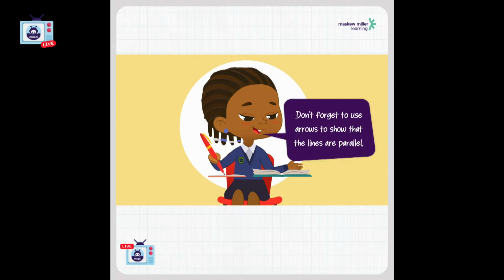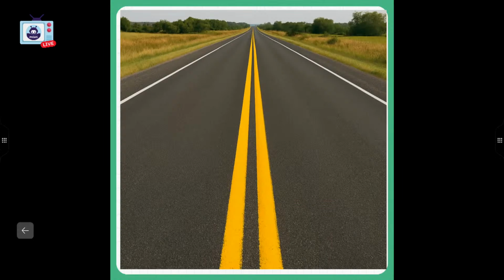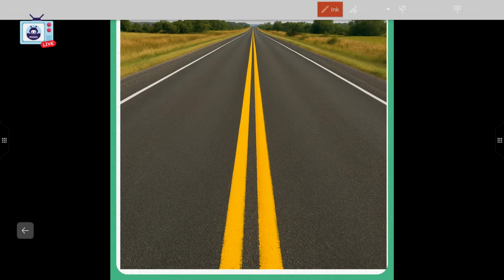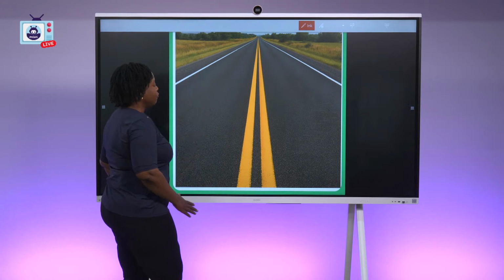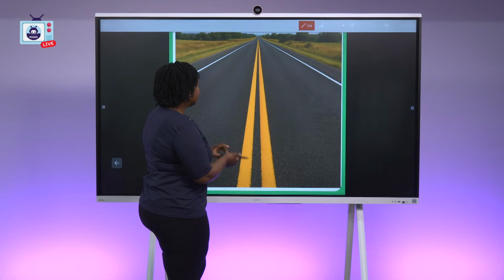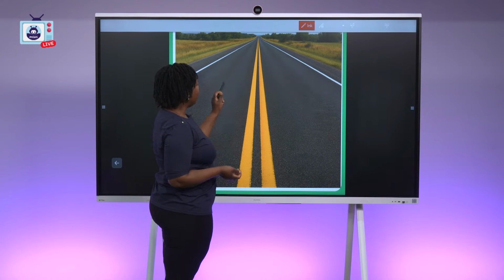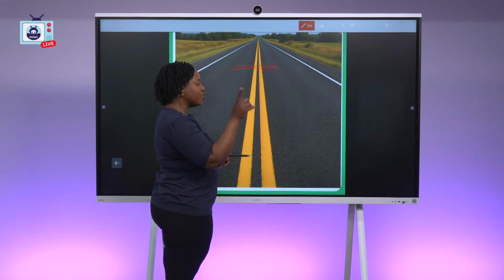So sit back and let's see. Imagine a road going from one point to another. If these lines were not parallel, or if there was a line that goes this way in between, most of the cars could have accidents. So do you see how geometry is saving our lives? If I am going straight like this and someone is coming this way, we would be hitting each other.